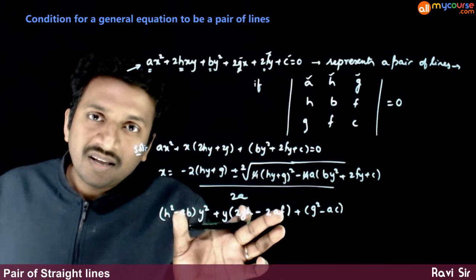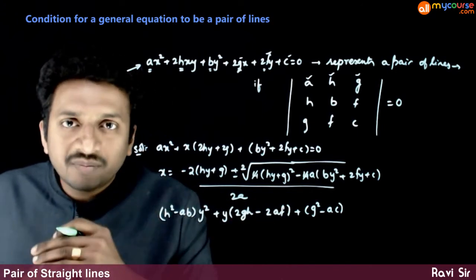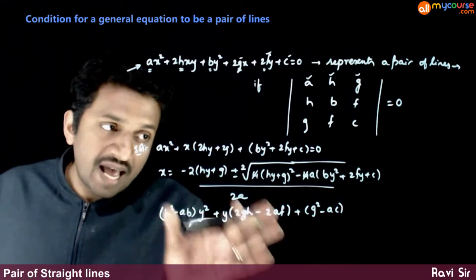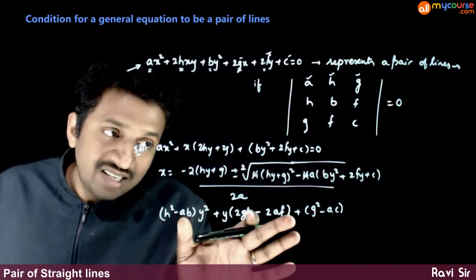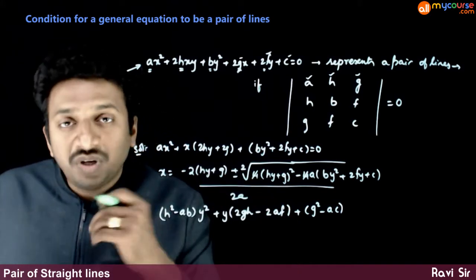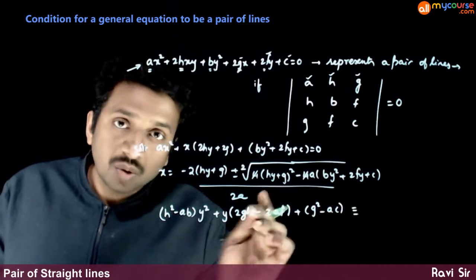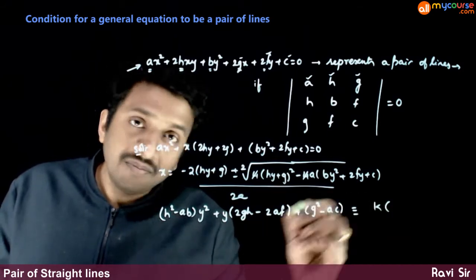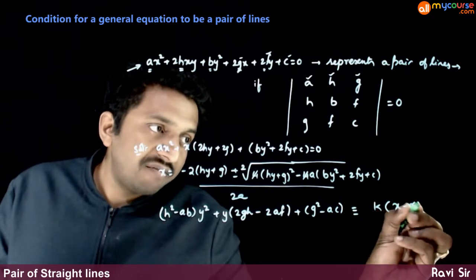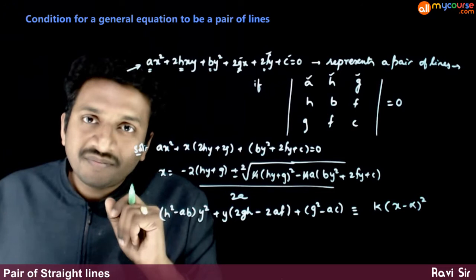So when will a quadratic expression be a perfect square? If the quadratic expression has to be a perfect square, then the discriminant of this expression has to be equal to 0. That means if this has to be a perfect square, I should be able to write this as some k times (x minus alpha) whole square. That means both the roots have to be same.